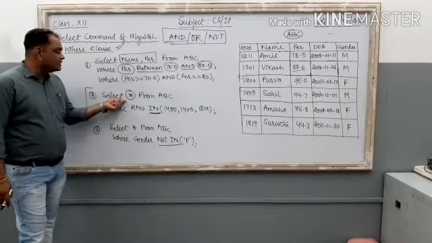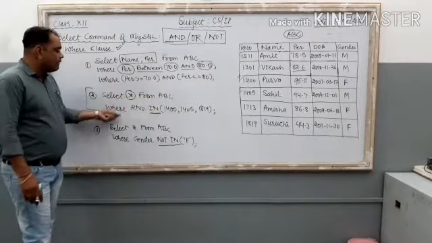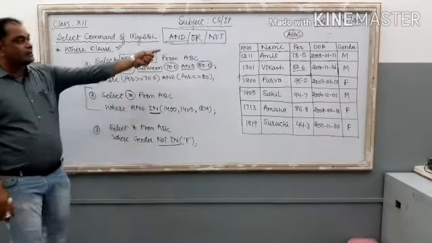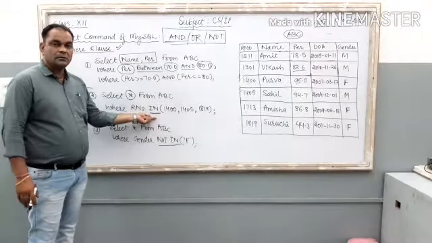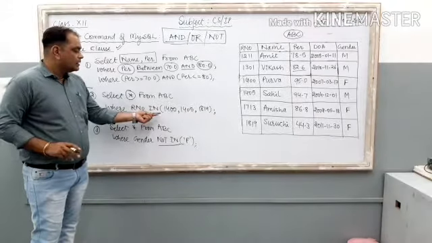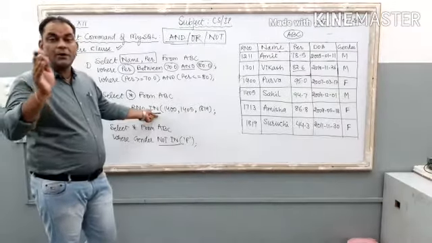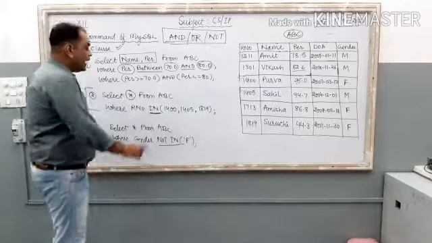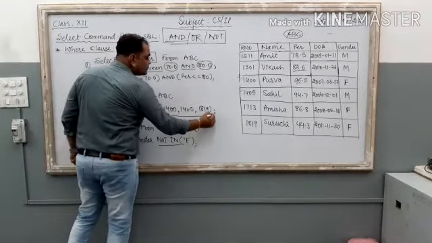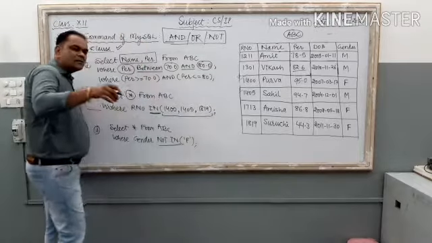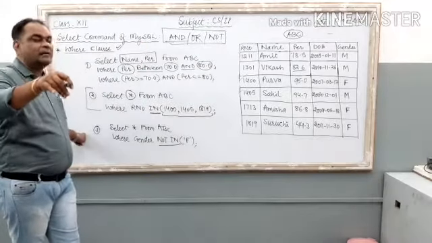Now the second command, select star from ABC, where roll number, RNO, it is the first column of the table, where RNO in, the second operator that you can use with this where clause, in. And with the in, we use a small bracket and we give some values inside the small bracket.